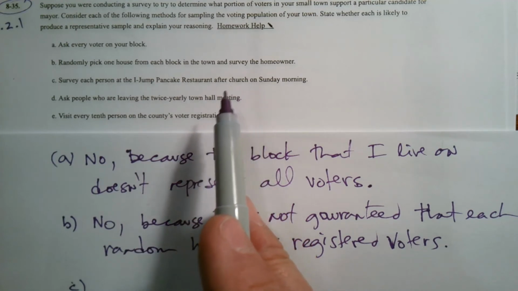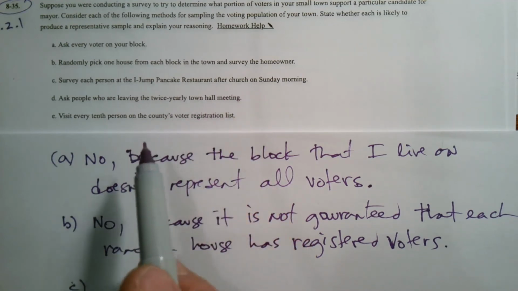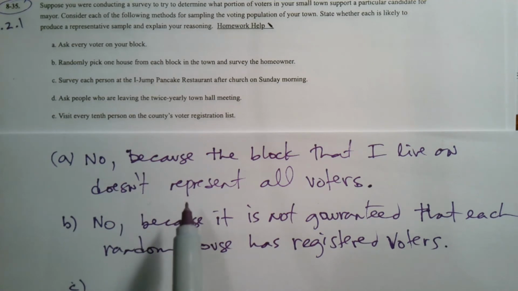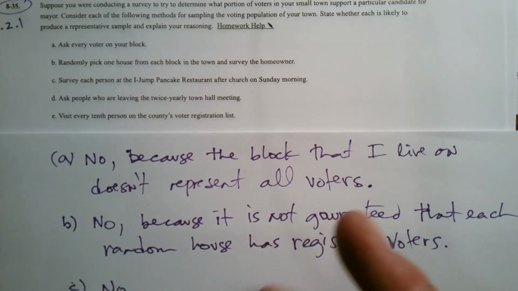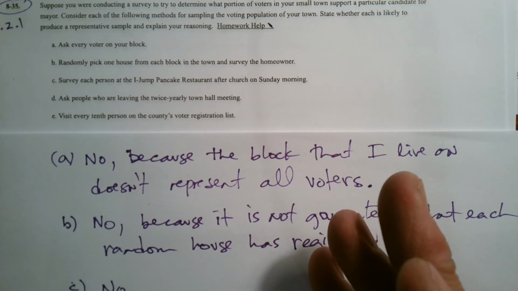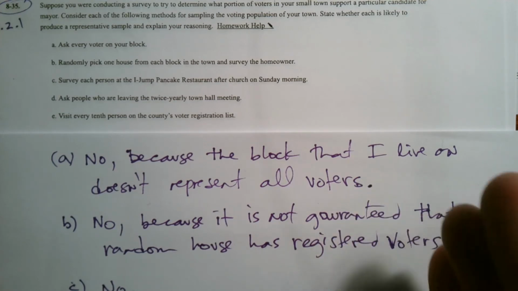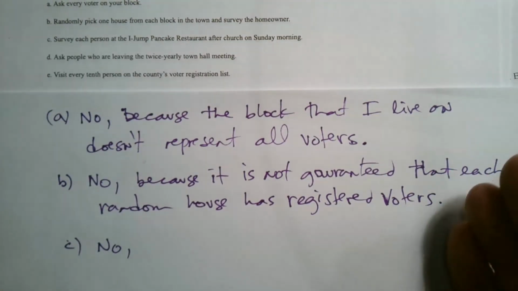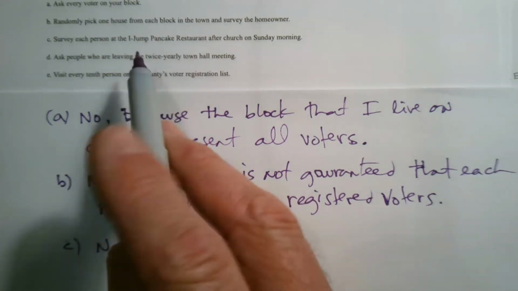Well, would this represent all the people? Again, no. And why? Because this sample only includes those that go to a restaurant after church, or even are out on Sunday going out to eat. And it's only one restaurant.